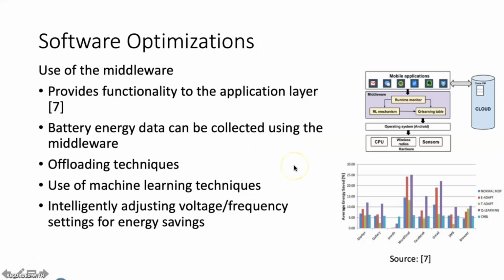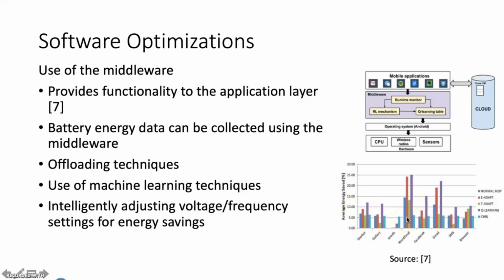This paper uses a Q-learning model, and it compares itself with some other existing and quite efficient models. When you see the graph, it's quite good when you use Q-learning, and it outperforms almost all of them except in a few cases, in terms of the average energy saved.